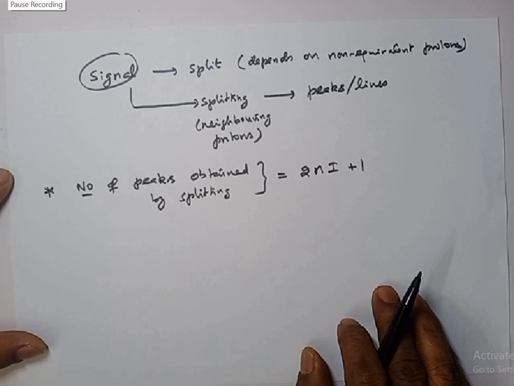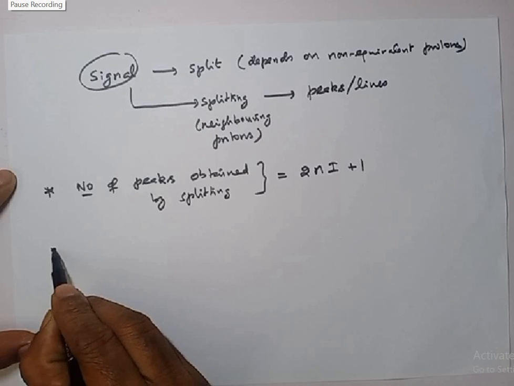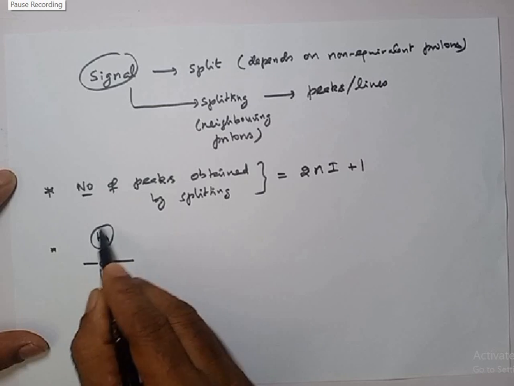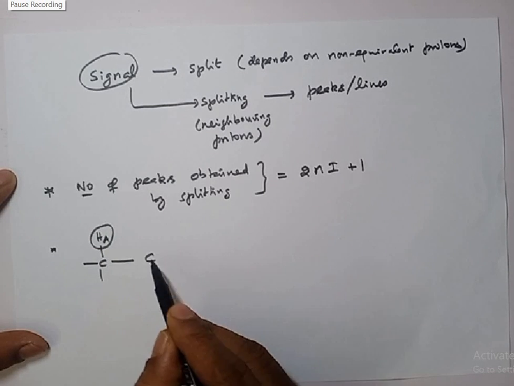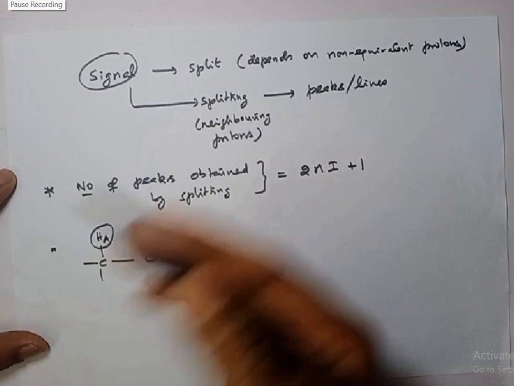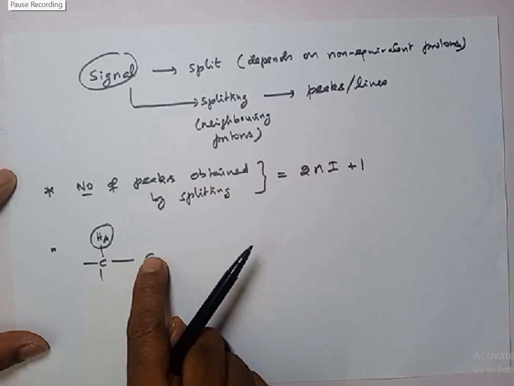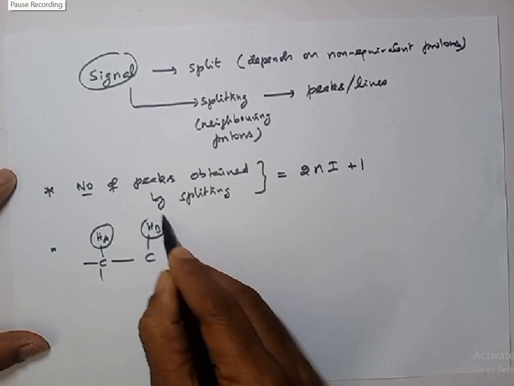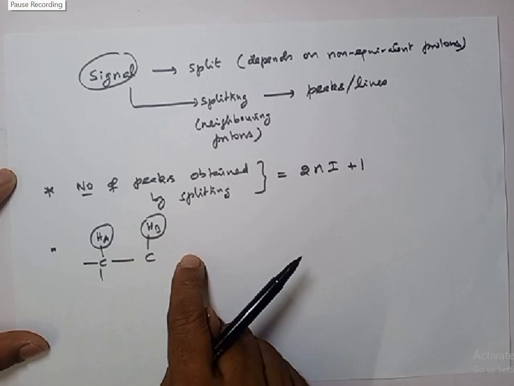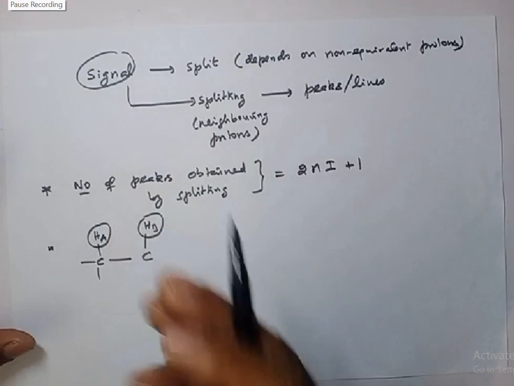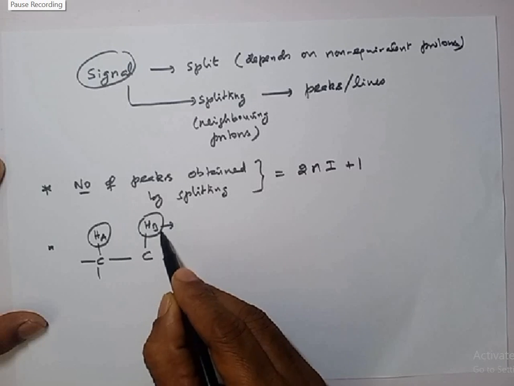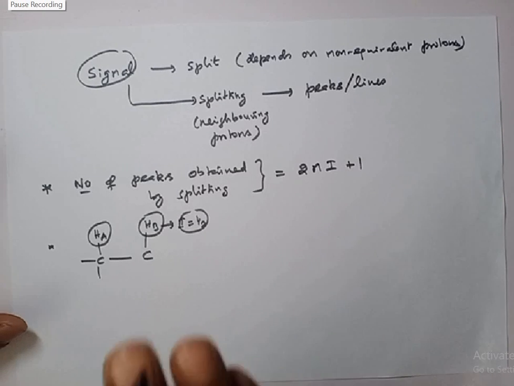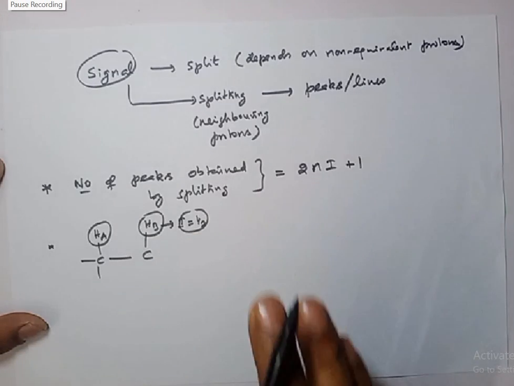Listen carefully. Suppose I have a proton Ha. This proton will give a signal. This signal is split into a doublet or triplet or quartet, depending upon the number of hydrogens present on the adjacent carbon. Suppose the adjacent carbon has Hb; I may have 1 Hb, 2 Hb, or 3. It depends on the molecule. And what is the I value for the proton? The I value for the proton is half. If I is equal to half, how many peaks do we get?